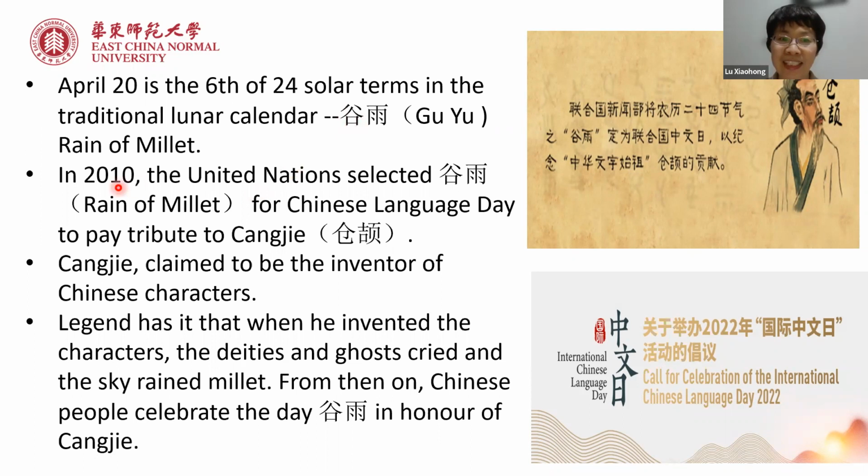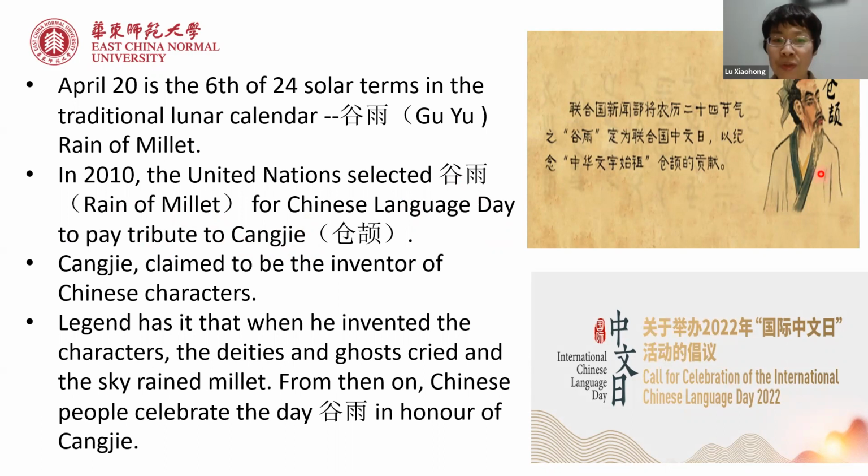In 2010, the United Nations selected Gu Yu, rain of millet, for Chinese Language Day to pay tribute to Cangjie. Here you can see the picture of Cangjie. Cangjie is a very famous figure in China.